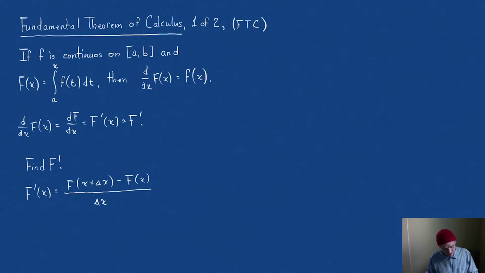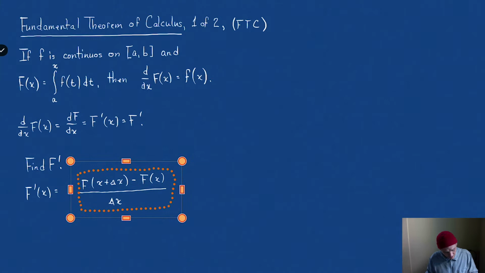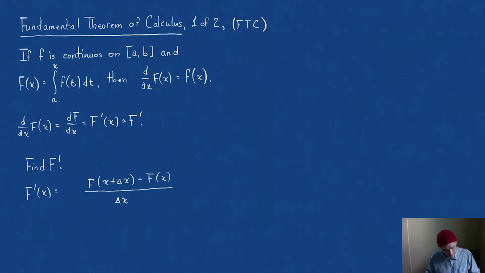I should have written that a little more clearly, so let me put a little space in here. And this is really the limit as delta x goes to 0 of that. Sometimes you use an h instead of a delta x. Either is fine.